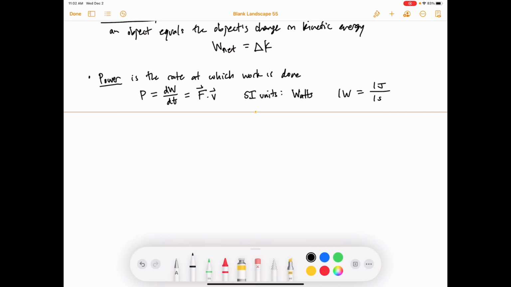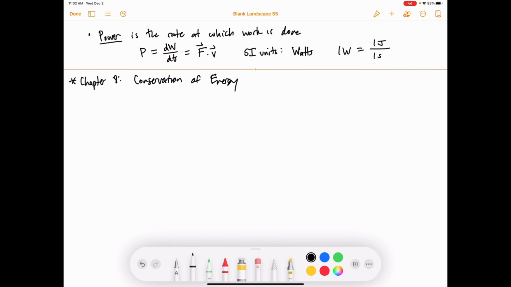Okay? And so that brings us to chapter 8, which is about conservation of energy. And the first topic that we touched on in this chapter was potential energy.